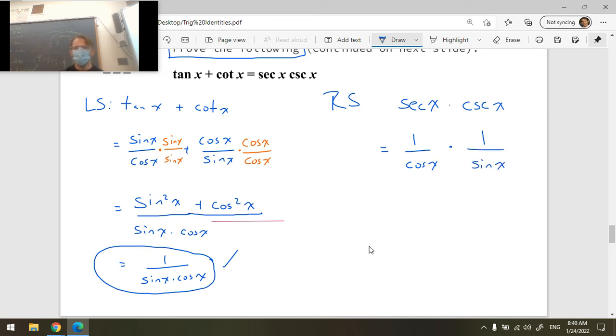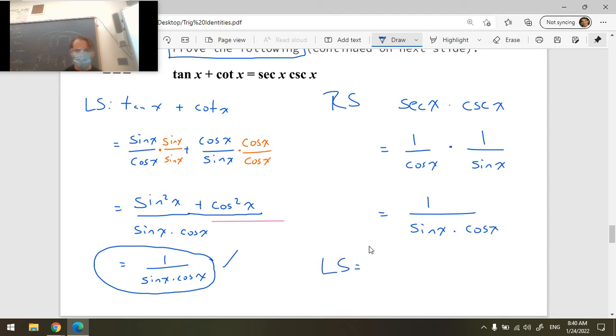And when multiplying fractions, I do top times top over bottom times bottom. So look at that. This is equal to 1 over sine x times cos x. Because multiplication is commutative, I can write this in any order, so I might as well write it in the same order over there so my audience is not confused.